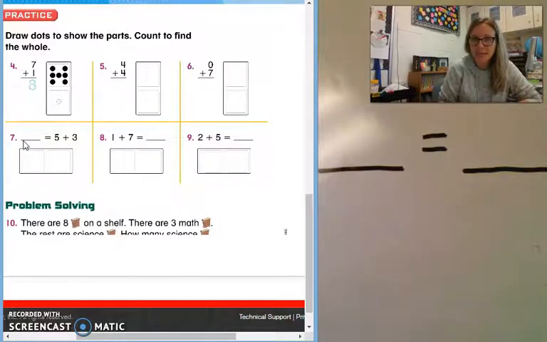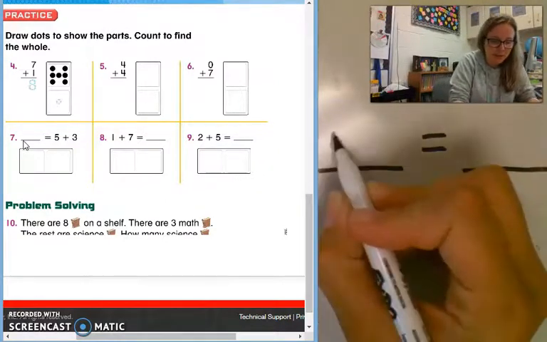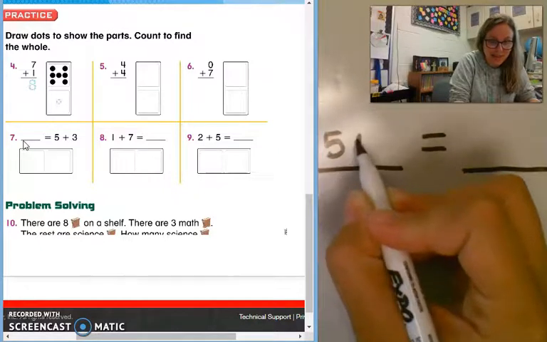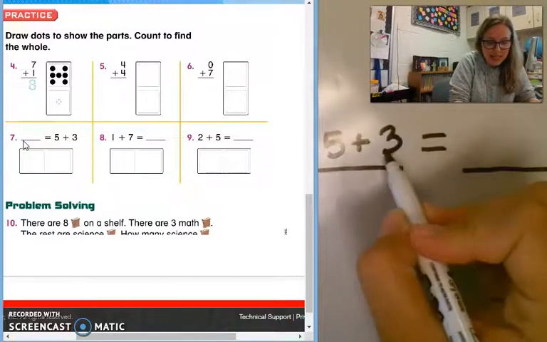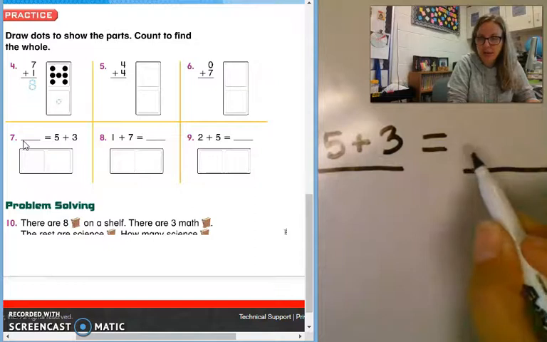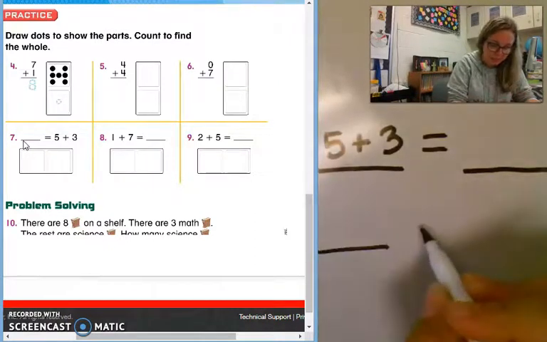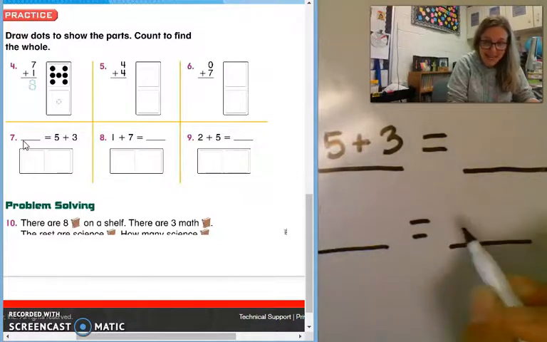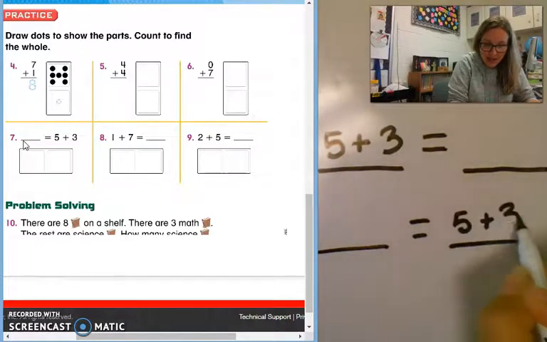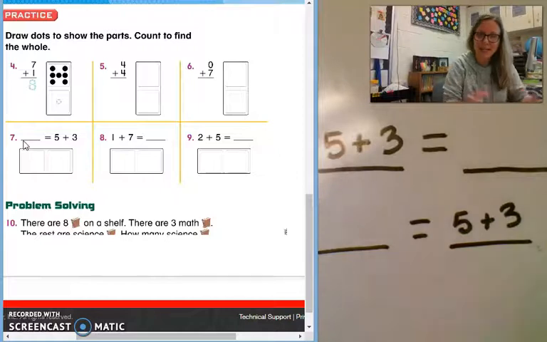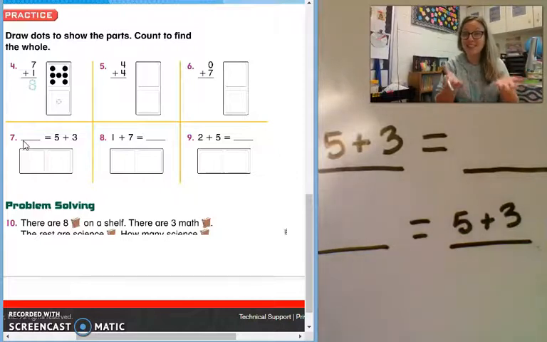And sometimes we will have our number sentence with the addends on this side and the sum on that side. Other times we will flip-flop it and put the addends on this side and our sum on that side. As long as both sides have the same value, both of them are correct, okay?